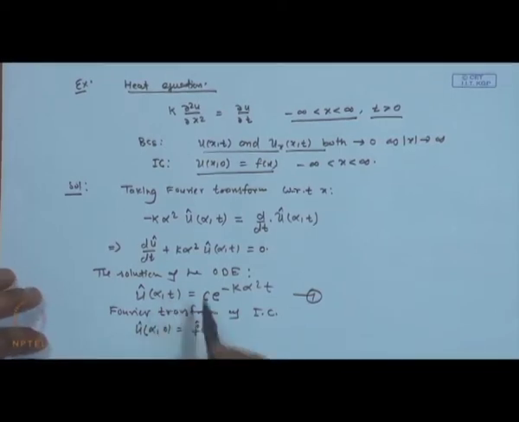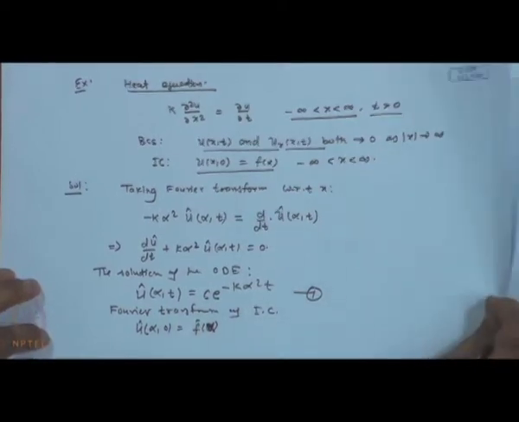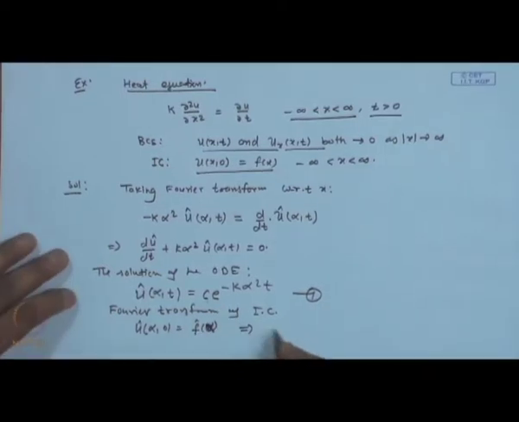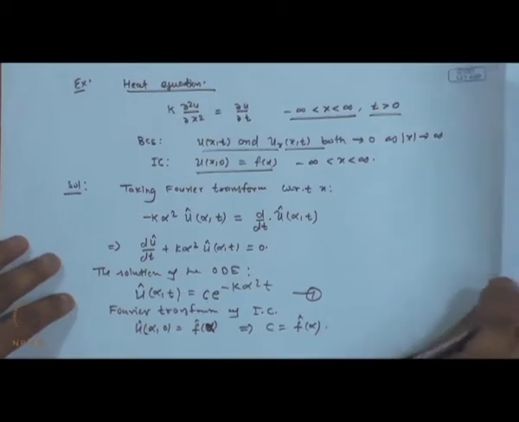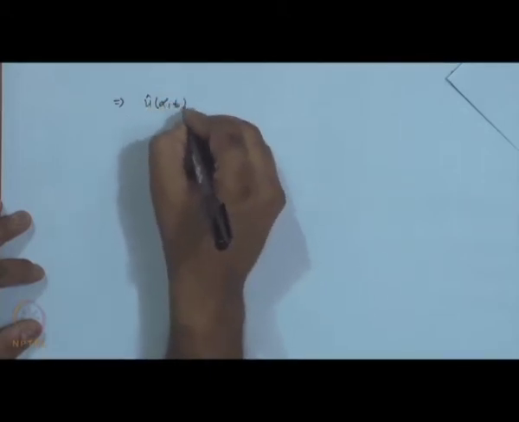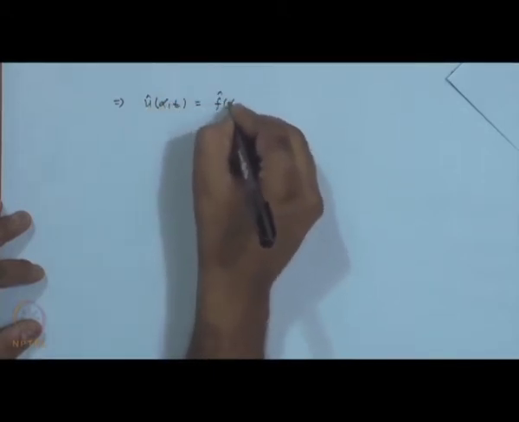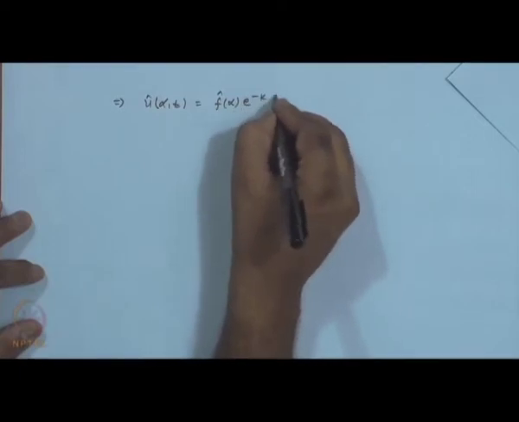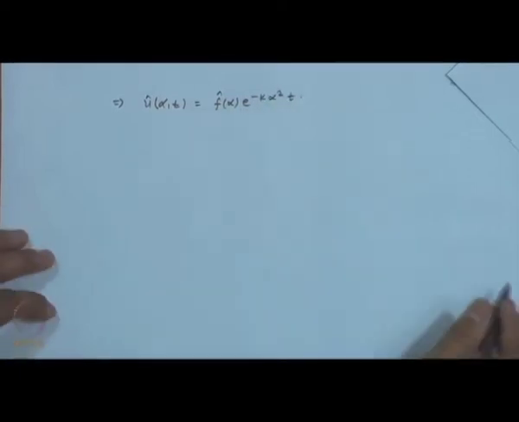Now, we use this condition to get this constant. At t equal to 0 we have f hat alpha, so this implies that c is f hat alpha, and then we apply this. So, we get u hat alpha t is f hat alpha times e to the minus k alpha square t.